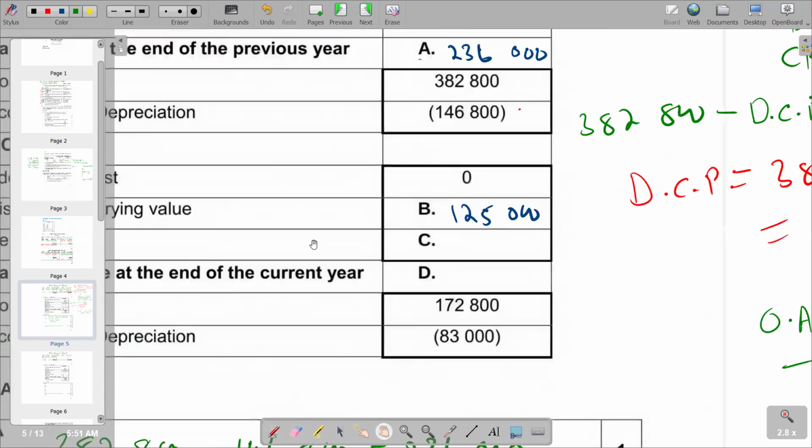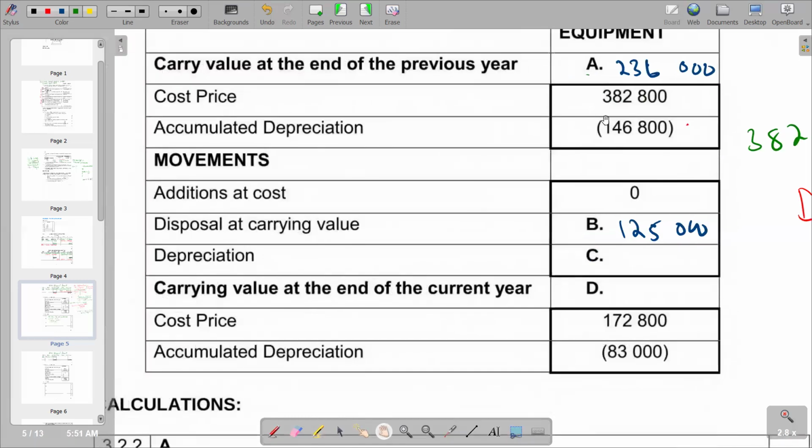So we go back to our information. Accumulated depreciation at the beginning plus depreciation for the year minus accumulated depreciation for the disposed assets, you get your accumulated depreciation at the end.